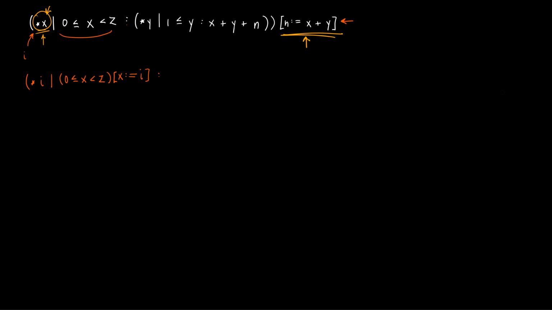And then we're going to just carry down this right here, and now we have this big y quantification. So we're just going to put all of that still in the brackets. We're going to say, okay, we have the asterisk, we have y, and then we're going to have 1 less than or equal to y. And then we're going to have x plus y plus n.